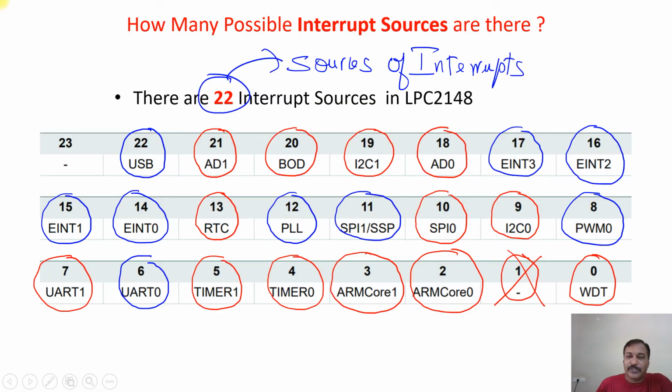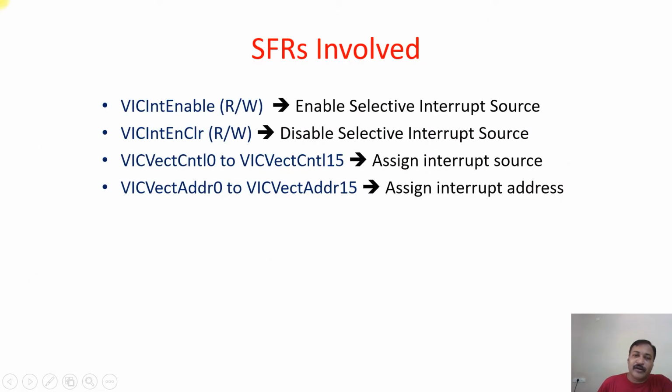And in order to use an interrupt, there is a set of 4 SFRs that you have to deal with in general. Once you process these 4 SFRs, then you have interrupt specific SFRs to be dealt with, that you can see whenever you are dealing with the interrupt of that particular peripheral.